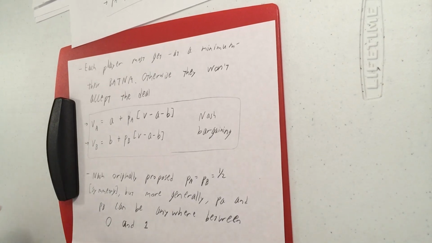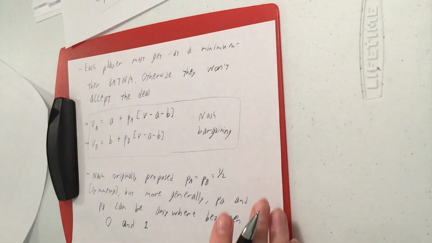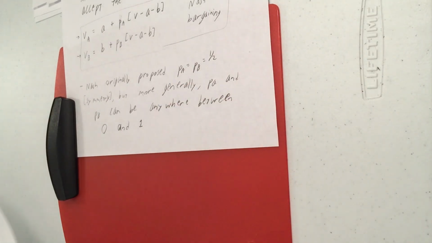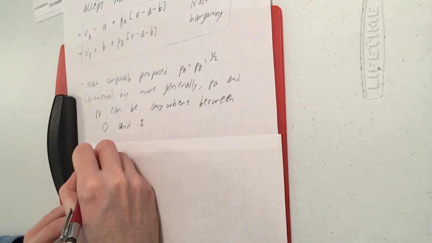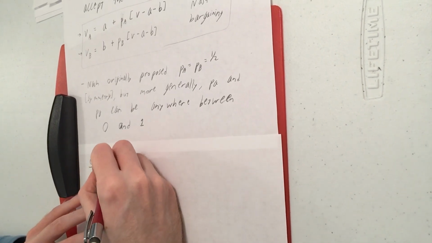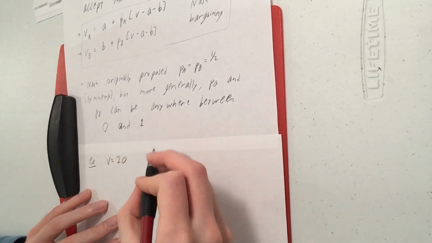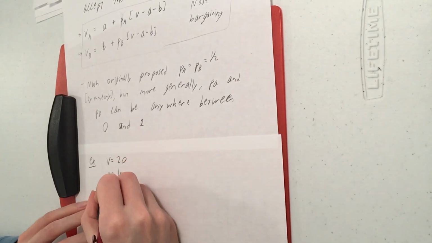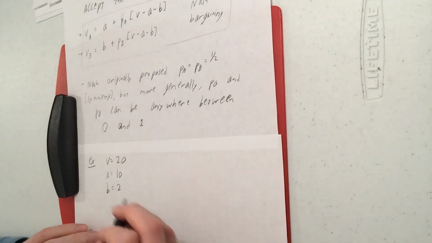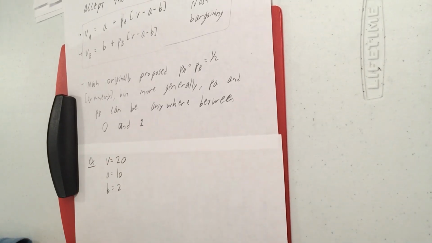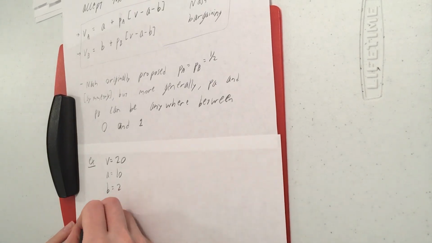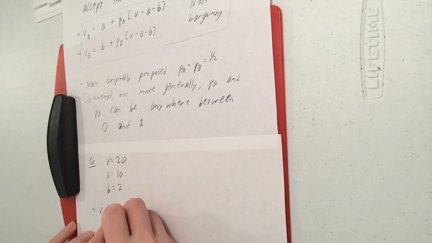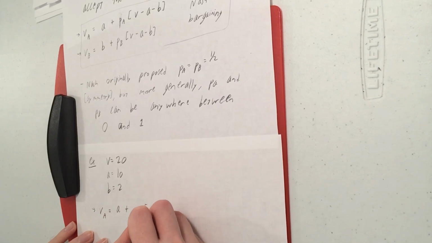Let me put together a quick example to illustrate that. So let's say the total value is 20, and person A's BATNA is going to be 10, and person B's BATNA is 2. So that means that person A is going to get their BATNA of 10 plus some fraction of the surplus.